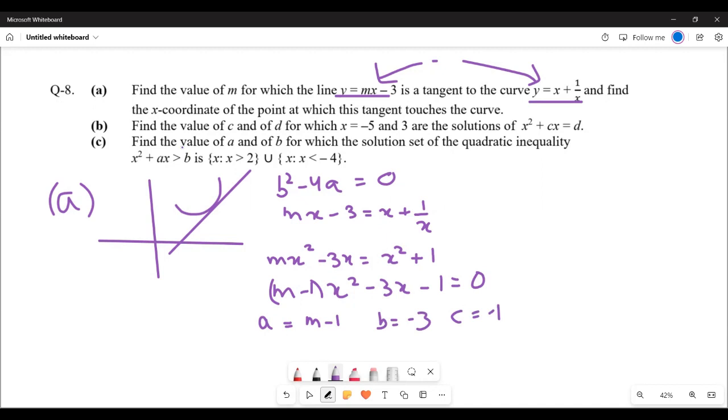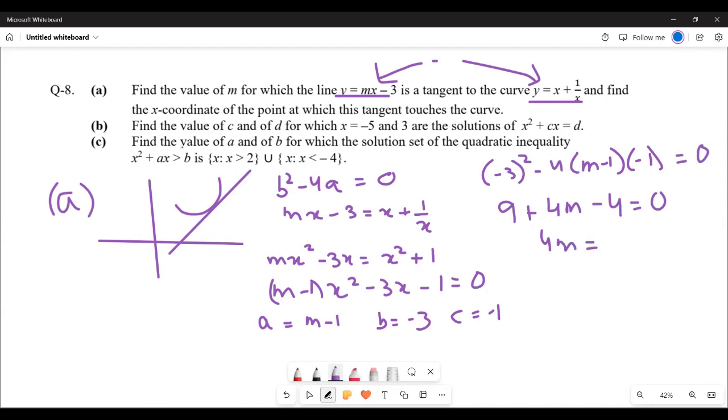So B square minus 4AC equals 0. 9 plus 4m minus 4 equals 0. 4m equals minus 5 and m equals minus 5 by 4.